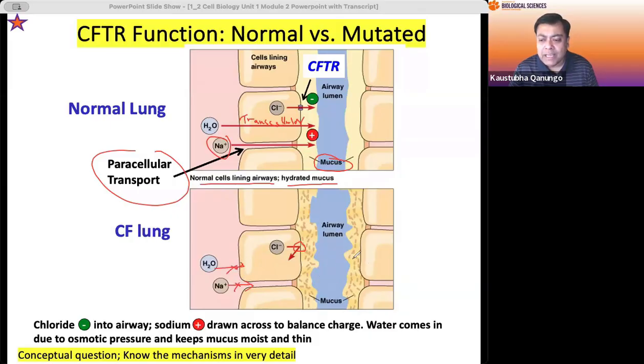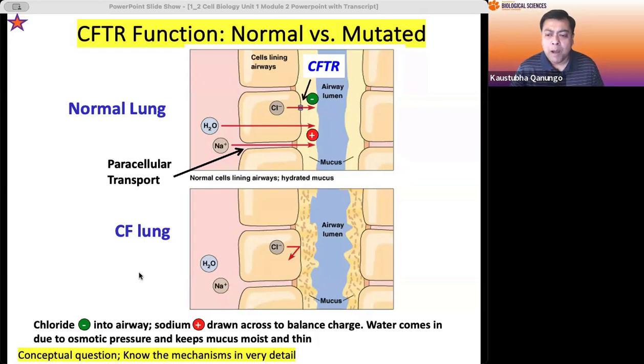So the mucus becomes really super thick, and that becomes very difficult for breathing, and sometimes infections can happen as well. So that's important. Whenever you are looking at questions regarding the CFTR, it is never a pump, and it always moves chloride down the concentration gradient, never up, and it only transports chloride ion, nothing else. That's the important one.